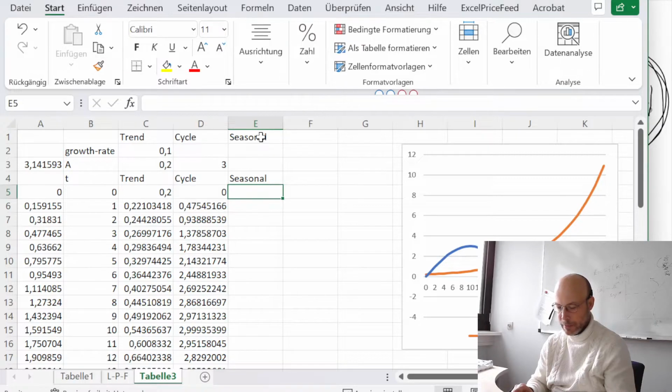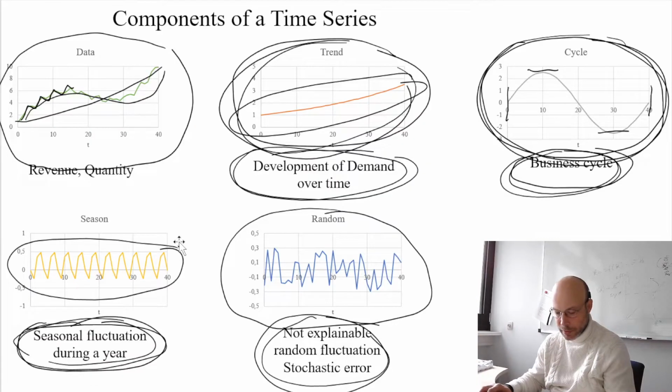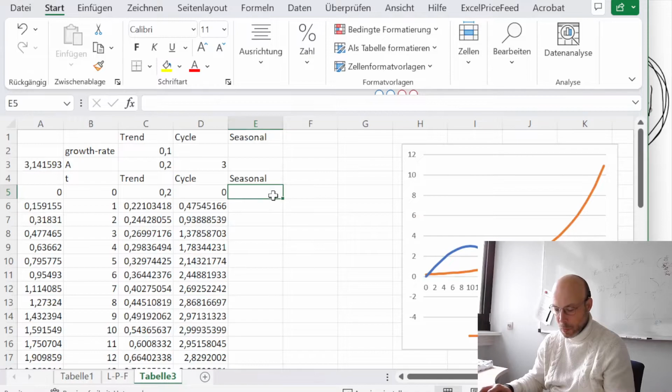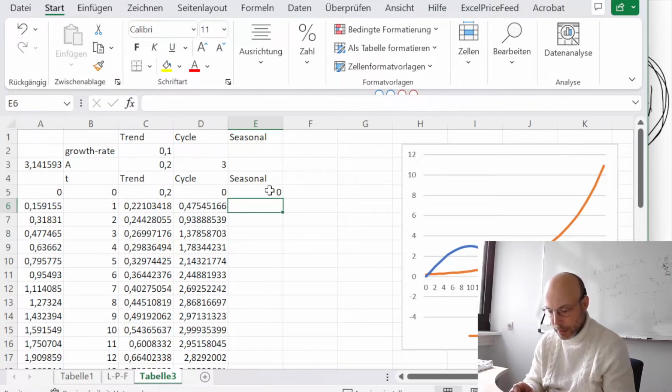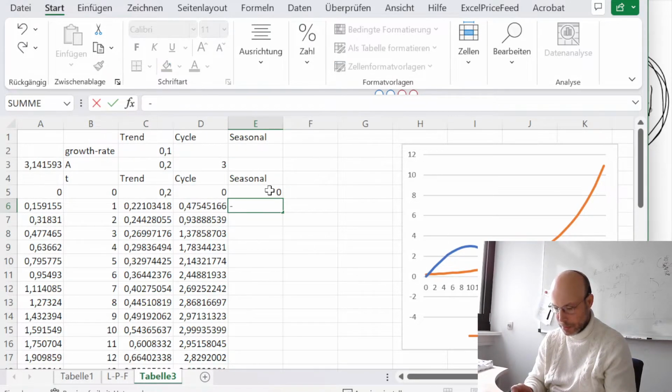would then be maybe something which looks like this here, that we are moving down at T1, which maybe is winter. So again, let's start with 0, and then maybe minus 0.5.